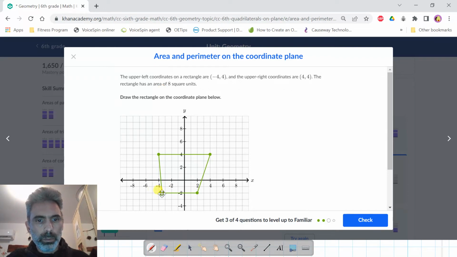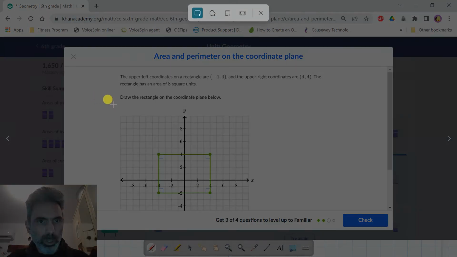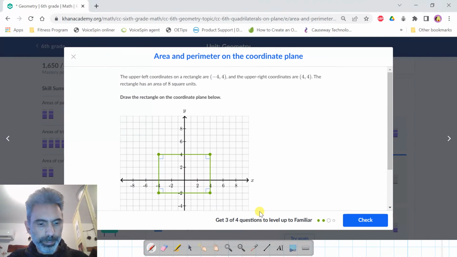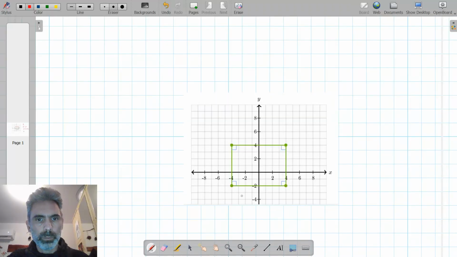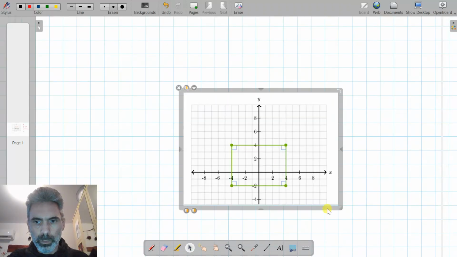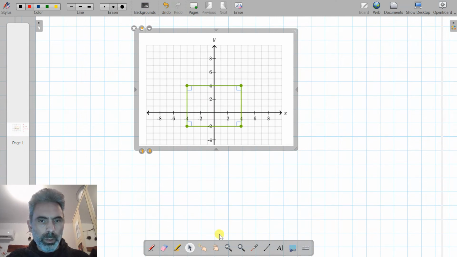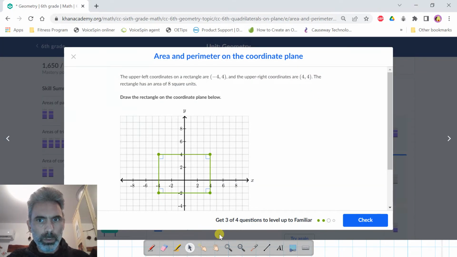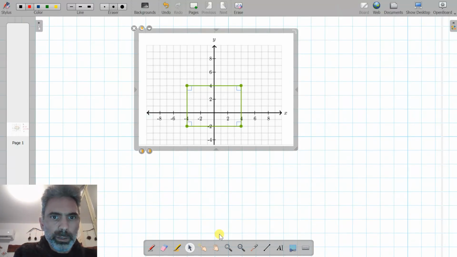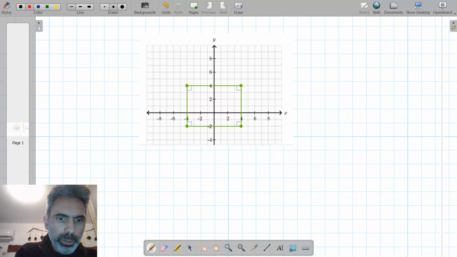Okay, so I will create a rectangle. I will copy this to the board. And let's see. Okay, so we know that the upper left point is at -4 on the x-axis and 4 on the y-axis.